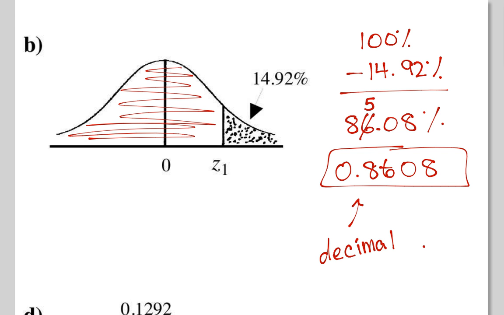So we had a typo. It's just a typo. We're human beings. We make mistakes. It's okay. So now we find 8508. I found it. It's got the z-score of 1.04.